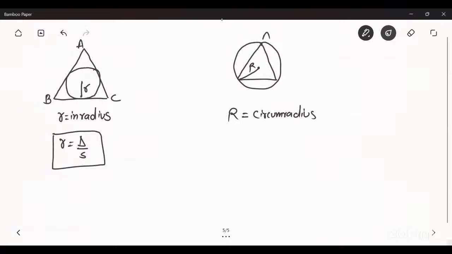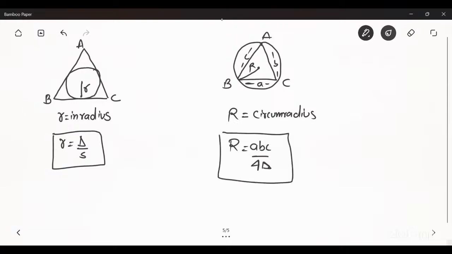Now suppose this is a triangle A, B, C. Side opposite to angle A is small a, side opposite to angle B is small b, side opposite to angle C is small c. So the value of R is abc upon 4 delta, where delta is the area of triangle. So that was the value of circumradius and that was the value of inradius.